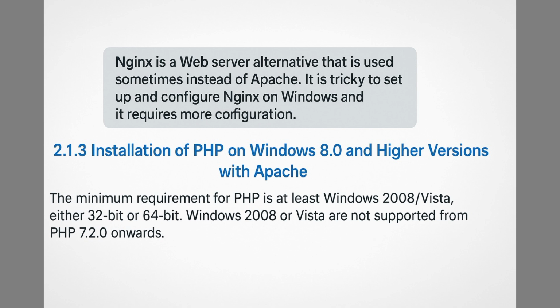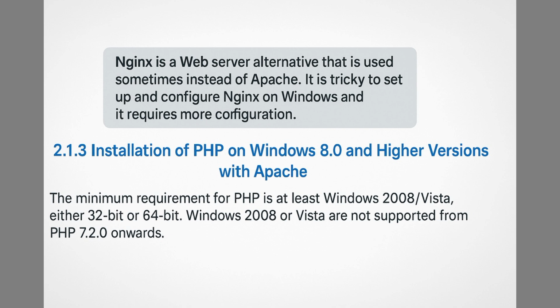However, from PHP version 7.2.0 onward, support for Windows 2008 and Windows Vista has been discontinued. This means that if you're using a newer version of PHP, for example, PHP 8.0 or later, you must have Windows 8.0 or a higher version such as Windows 10 or Windows 11 installed on your system. These newer versions ensure better compatibility, faster performance, and fewer security issues.